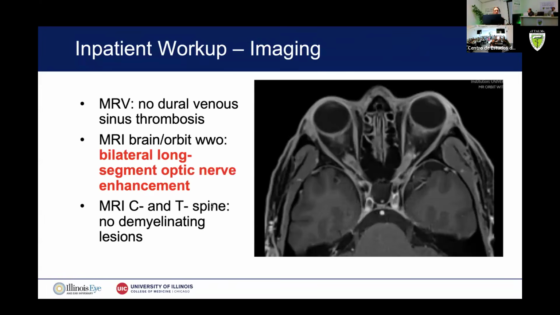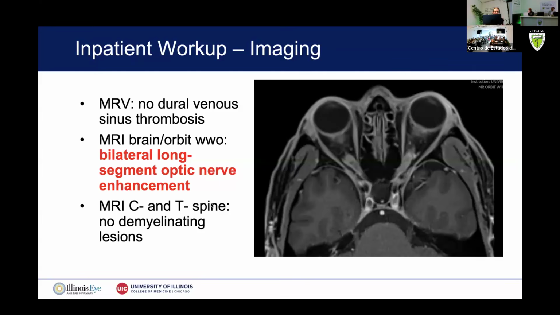At this time, we obtained a workup, including imaging, which showed an abnormal signal and enhancement of the intraorbital portion of the left optic nerve, long segment abnormal signal and enhancement of the intraorbital and intracranial portions of the right optic nerve, and then abnormal prechiasmal enhancement as well.